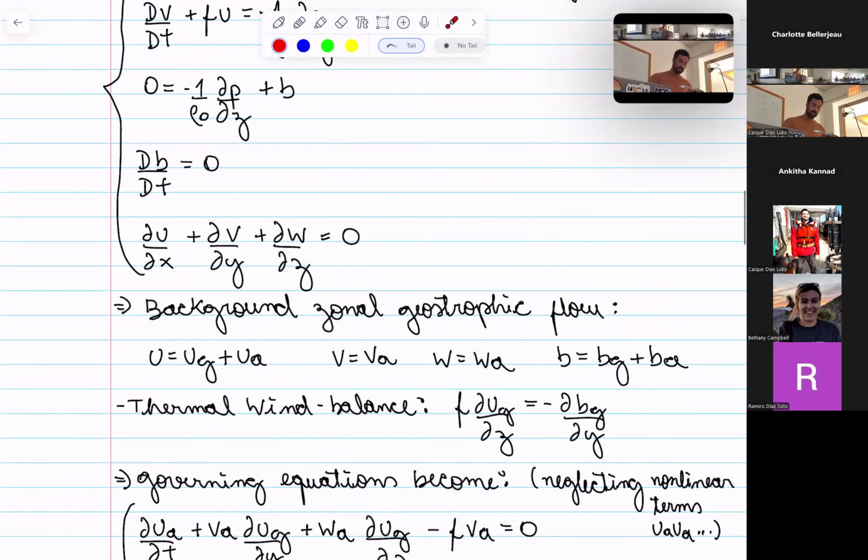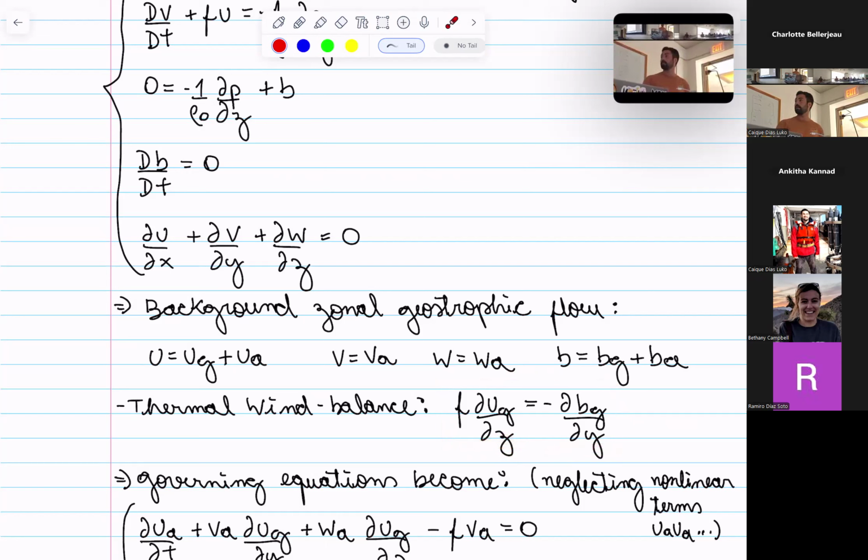And then another thing just to remember, the thermal wind balance, the one that defines the geostrophic flow in the background, goes like this. You have the vertical derivative of the geostrophic flow equals the meridional buoyancy gradient.